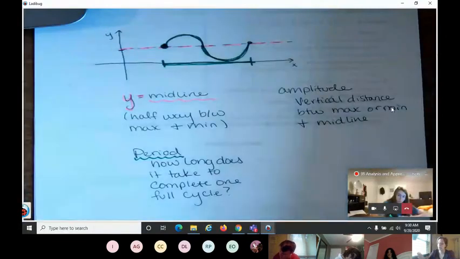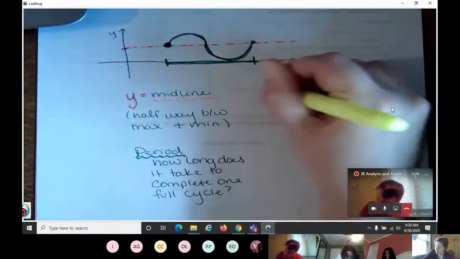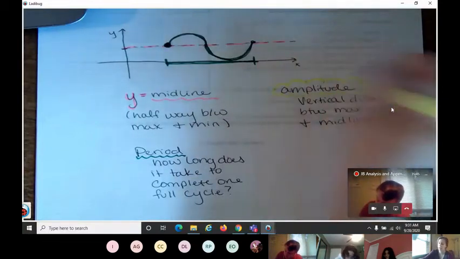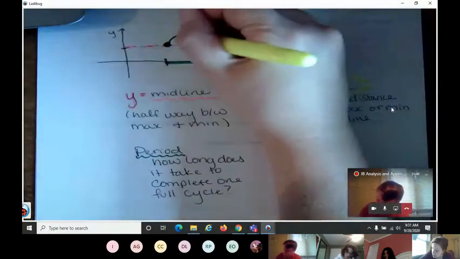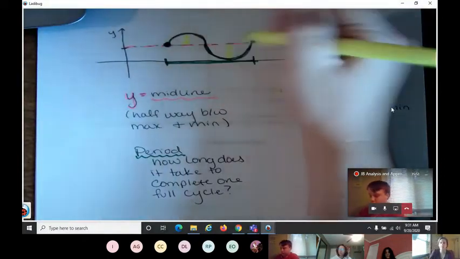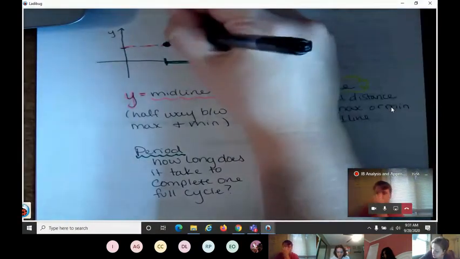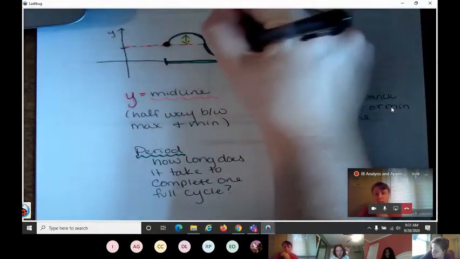I'm going to do amplitude in yellow, and it could be counted here, it could be there. I'm going to put some pen markings in there so it's a little more clear as to where our amplitudes are.